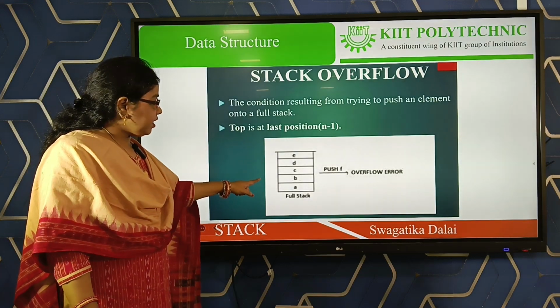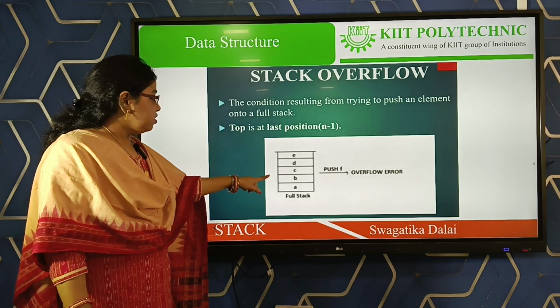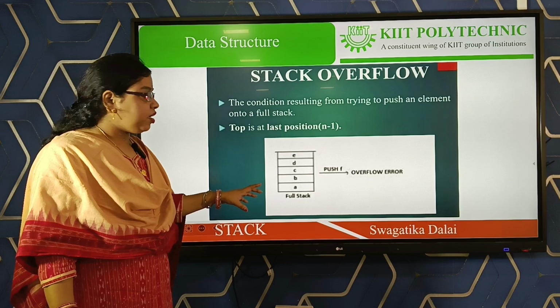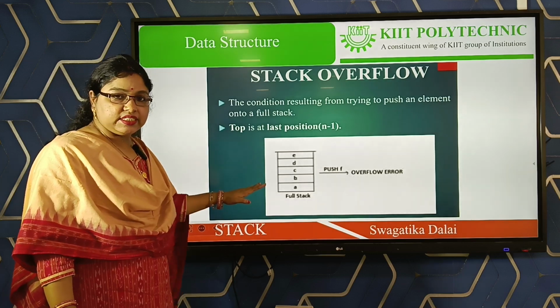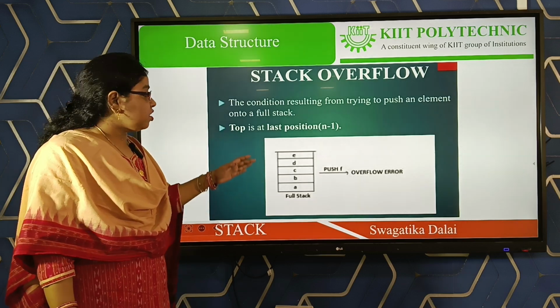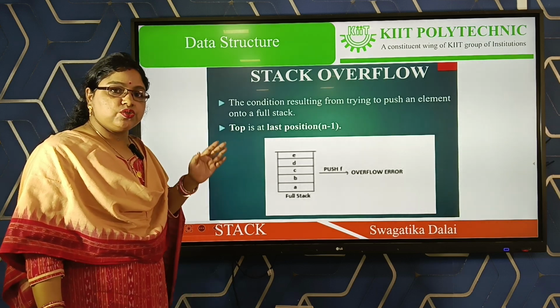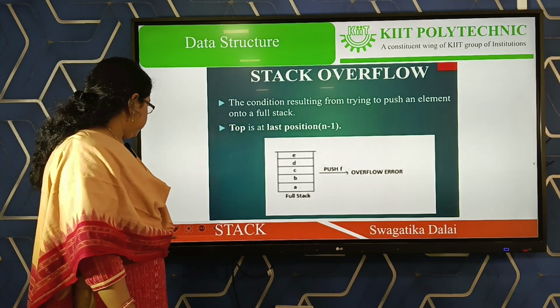As you can see in the diagram, the stack is already full. The stack contains elements A, B, C, D and E. If we want to push F on that stack, the error occurs, known as the overflow error, and the situation is known as the overflow condition.